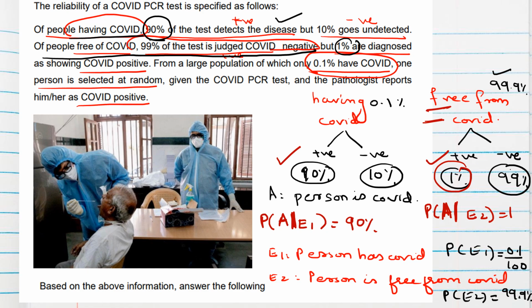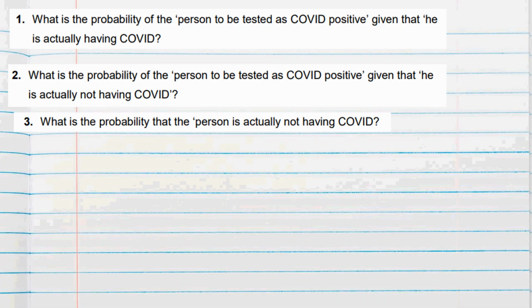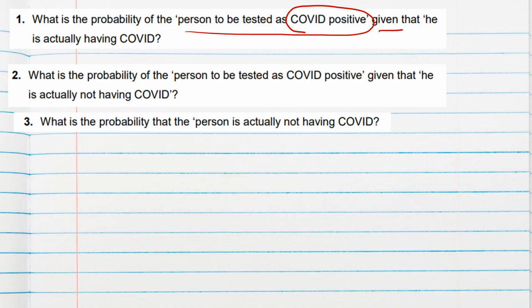Now we'll check the questions one by one. See the first question: what is the probability that a person is tested as COVID positive, given that he is actually having COVID?